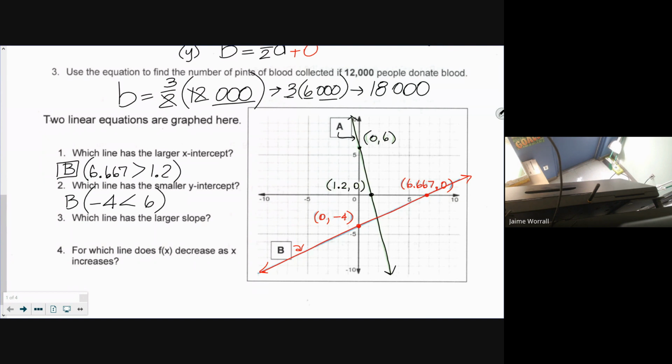Which line has the larger slope? Now, hear me out on this one, okay? You don't know what the slope of either line is yet, but you got a picture. And can you see one slope being positive? And can you see one slope being negative? Yeah. Matthew, what says you?